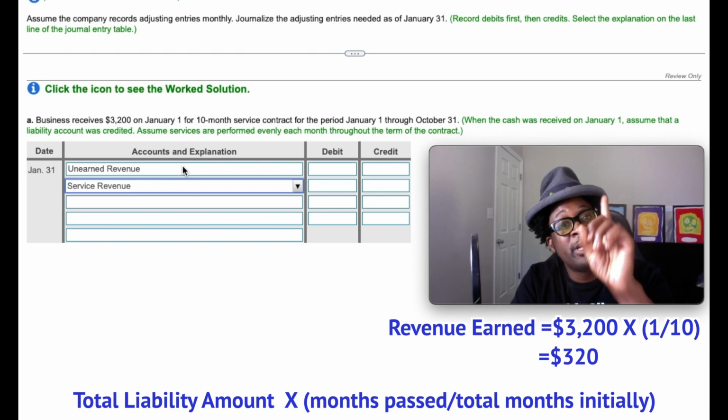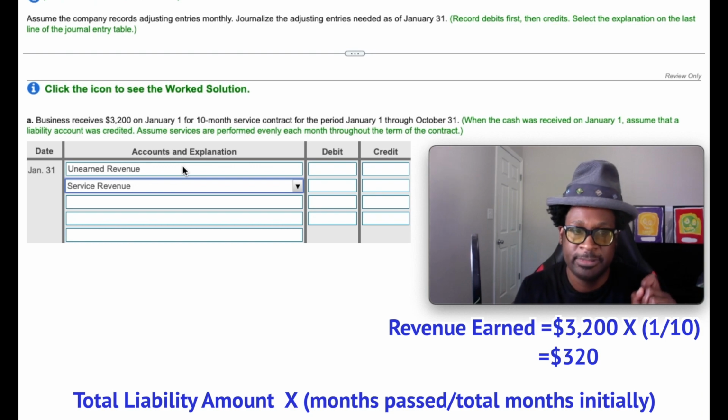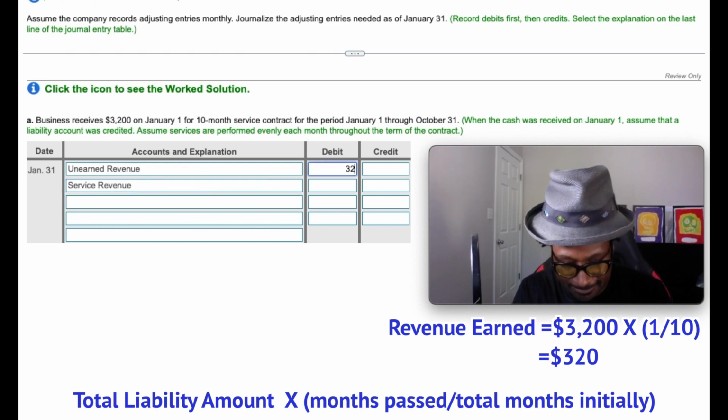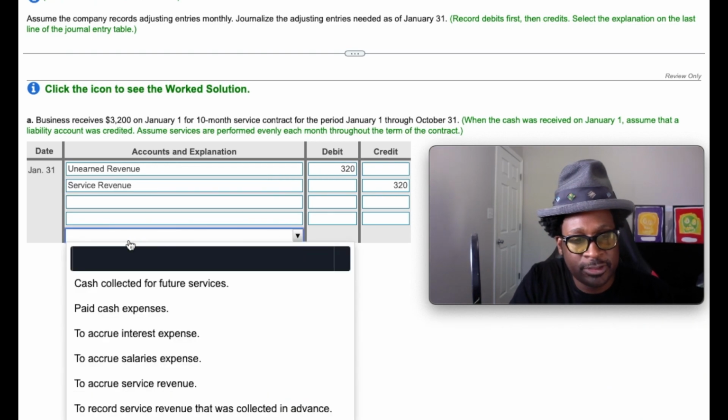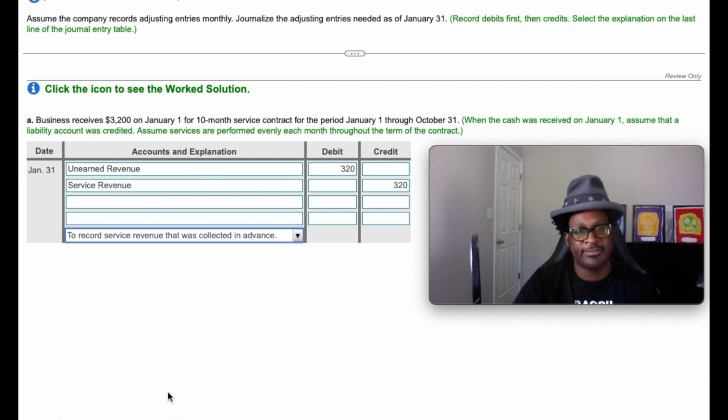That way, we are talking about 1 month. Then we're going to divide it by the total months in which the initial amount was collected for. Therefore, we take $3,200 times 1 divided by 10, and that should give us $320, gang. And our description would be to record service revenue that was collected in advance.